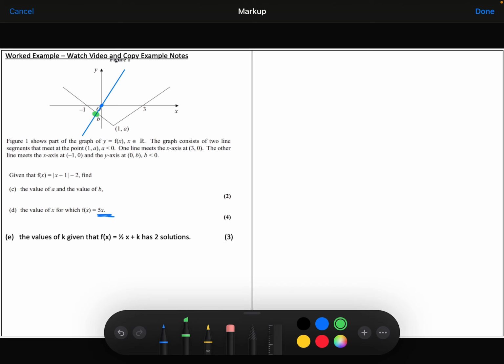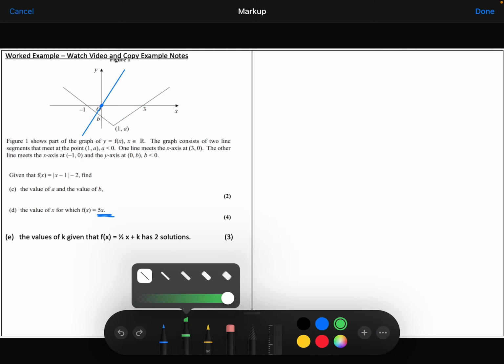I know for a fact that this line is not going to intersect with the function f of x over here at all, because f of x has got a gradient of 1. It's a 1x here. Every time I go along one, I go up 1, whereas the blue line has got a gradient of 5.